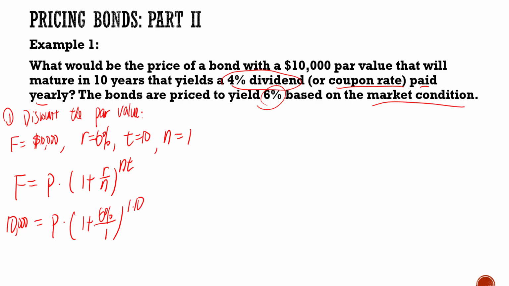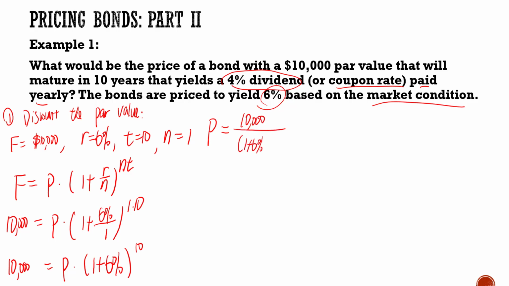So if you simplify a little bit, we get 10,000 equal present value times 1 plus 6% to the 10th power. Now from here, the present value will be equal to 10,000 over 1 plus 6% to the 10th power. And that's how we figure out the present value of the par value.